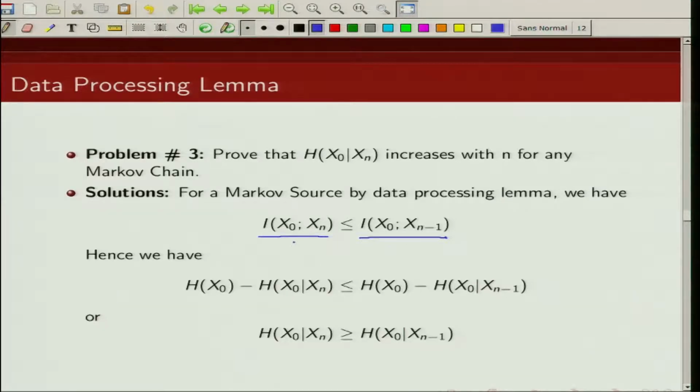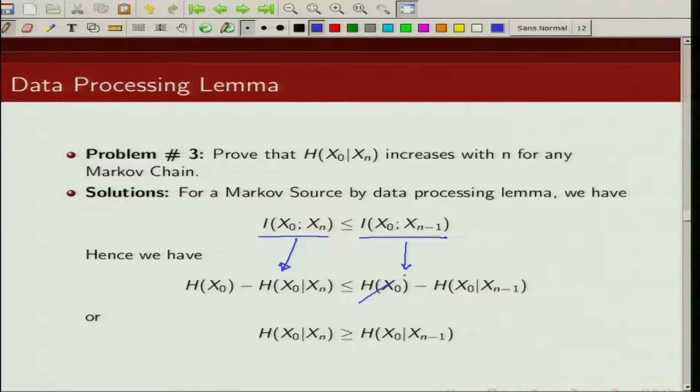So from the definition of mutual information, we can write this as uncertainty in x0 minus uncertainty in x0 given xn. Similarly, this we can write as uncertainty in x0 minus uncertainty in x0 given xn minus 1.